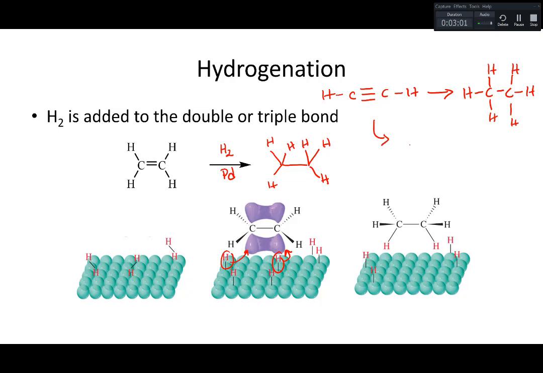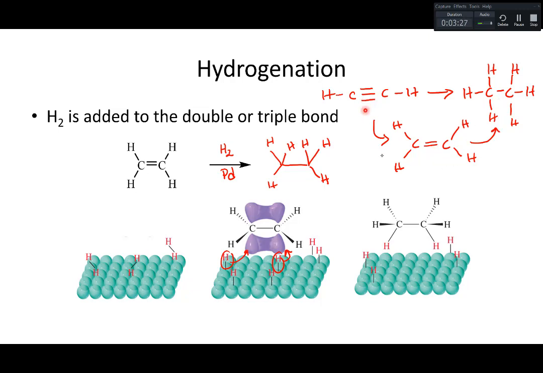The first process is the formation of the alkene. Commonly, the common name with this would be ethylene. The common name for this, I called it acetylene, and I realized that's a common name for that. But the stuff that people use in the welder's torches, it's the same material. And then the alkene gets reduced to the alkane.